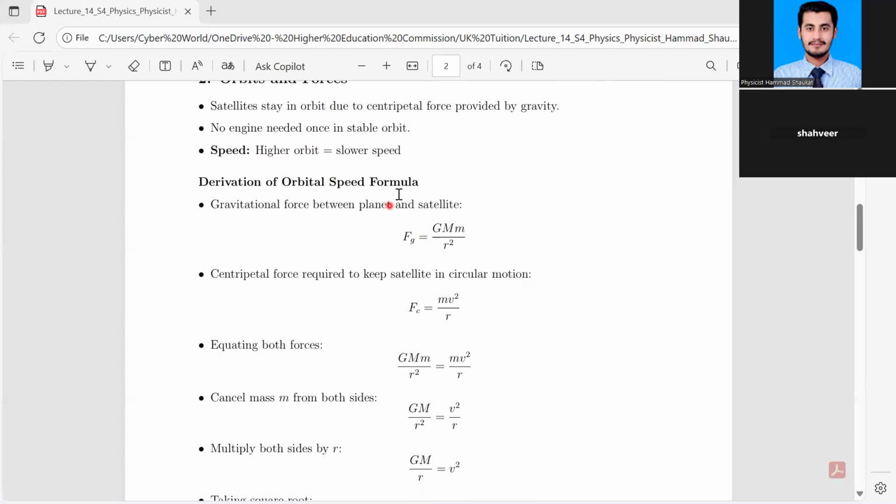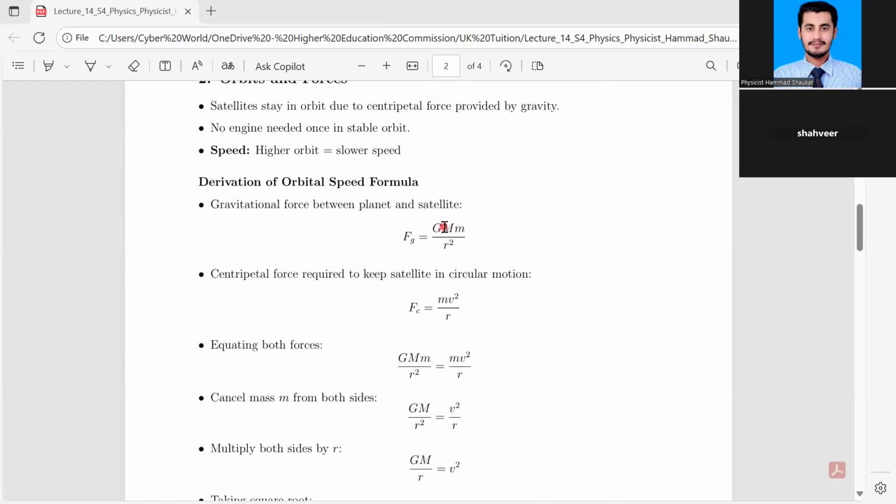Suppose we have a planet, say the Earth, and a satellite is moving around this planet. What is the force exerted by this planet on this satellite? This relation is known as Fg, where Fg stands for the gravitational force.